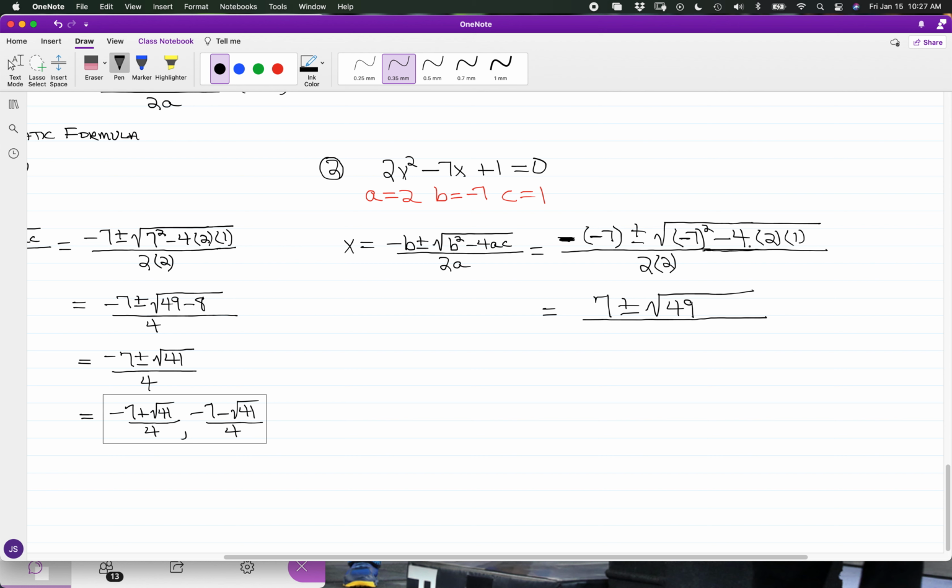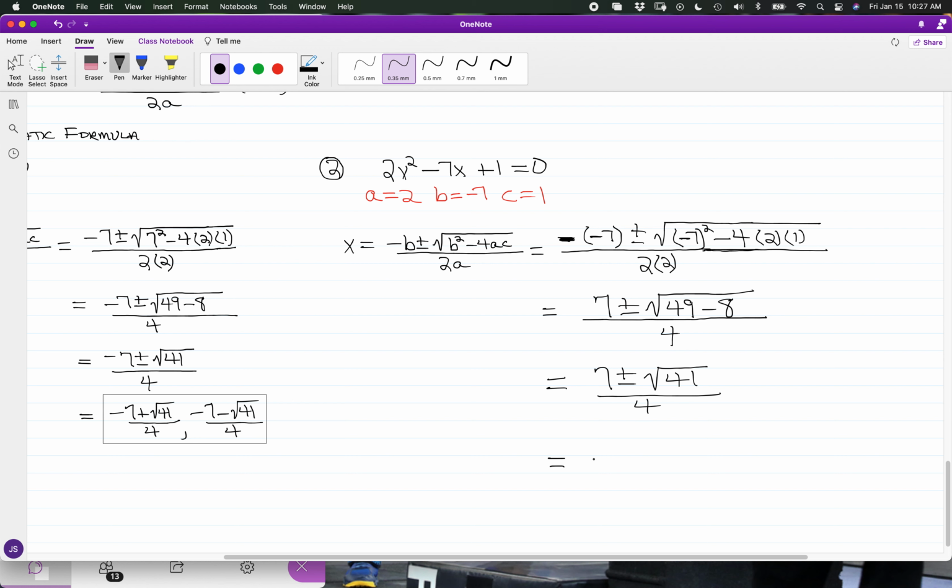And we have negative 4ac, so it's negative 4 times 2 is negative 8, times 1 is still minus 8. We have all over 4. And for the compact solution combination, we want to have positive 7 at the front, plus or minus the square root of 41 all over 4.